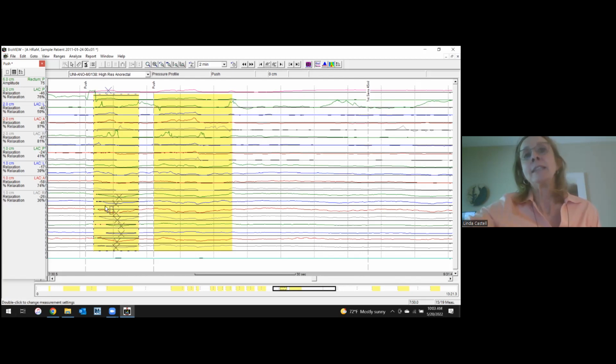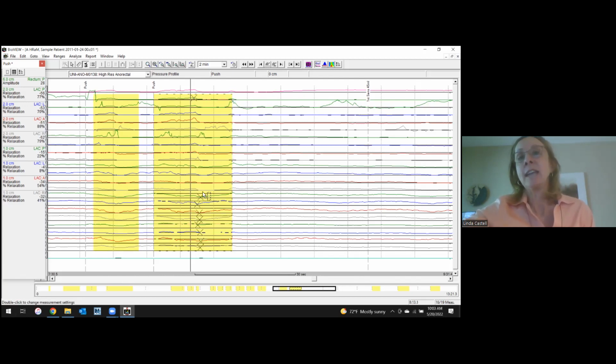Sometimes the computer will place an X where it sees that first contraction because it was a higher pressure change. So you would need to move that X from here down to here where their best effort is, okay? And then double check your second push and just make sure that those X's are at the very, very lowest pressure, all right? Okay, so this is a normal push.